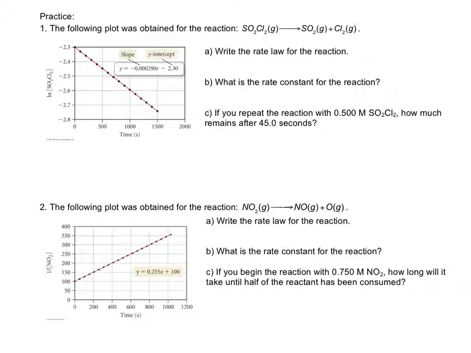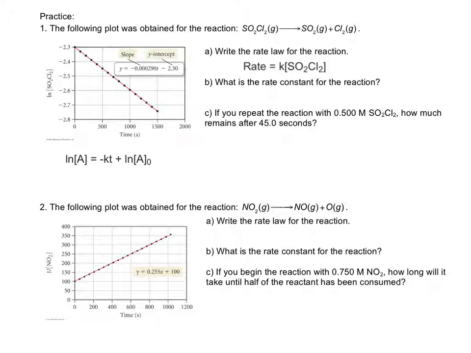So the integrated rate law that goes along with this is going to be of the form the log of A is equal to minus KT plus the log of A naught, which is our initial starting concentration. Okay, so what you can see from this is that since we now know that this is a first order reaction, our rate law is going to be rate equal to K times the concentration of SO2Cl2 to the first power, because this is the first order reaction.